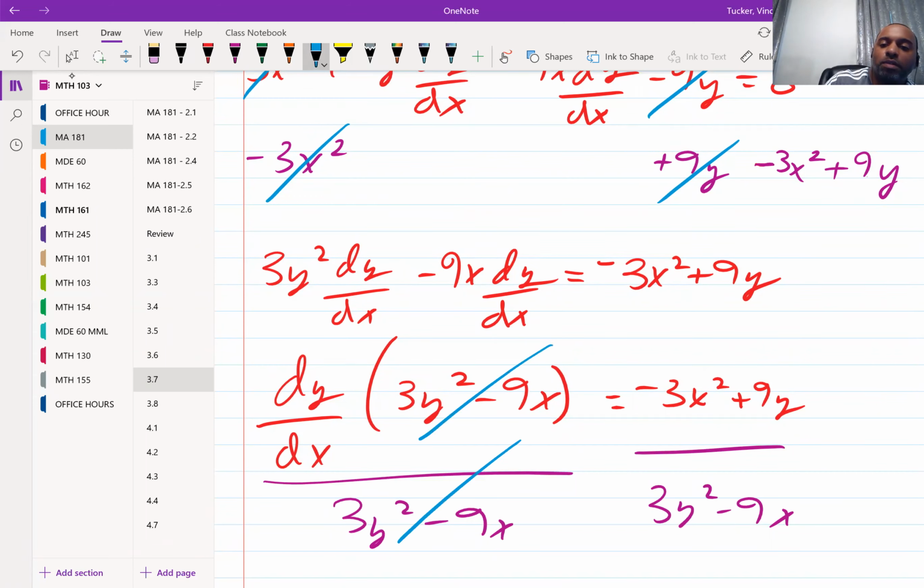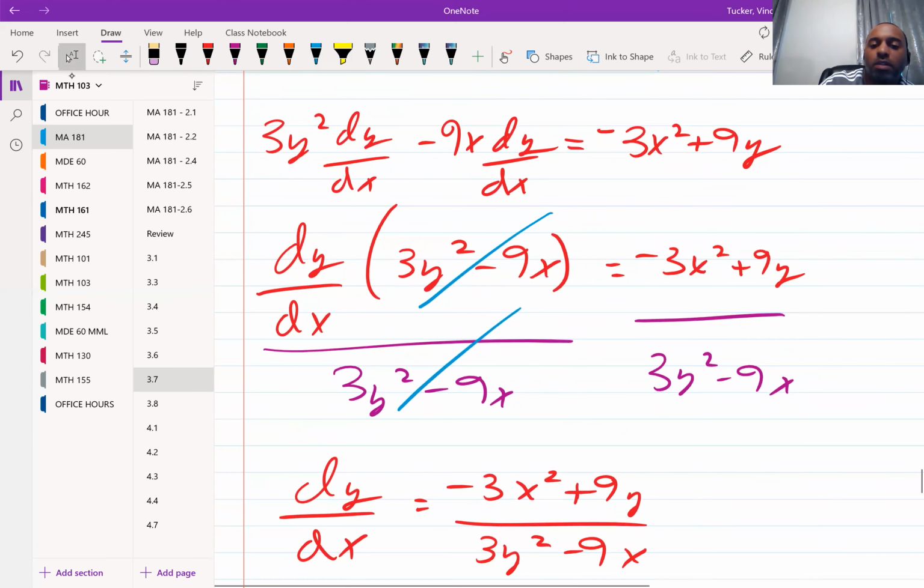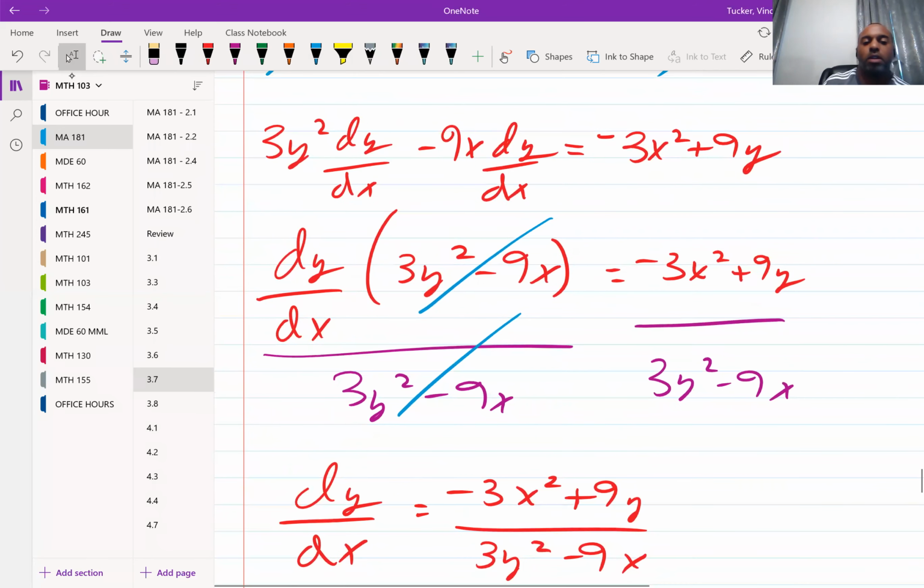So that'll cancel out on the left. And this is what we have now. We have negative 3x squared plus 9y over 3y squared minus 9x.